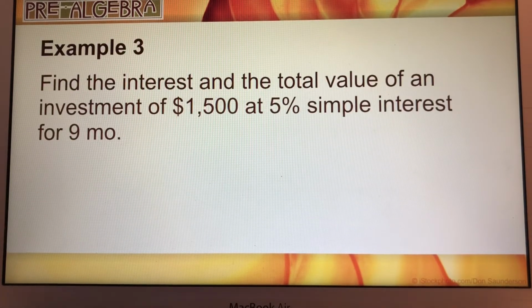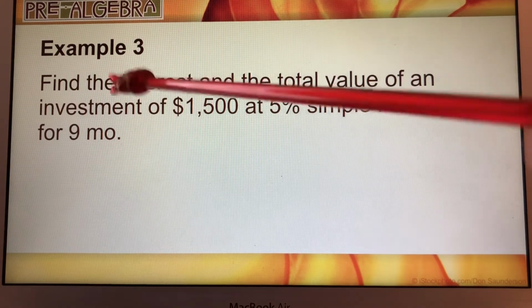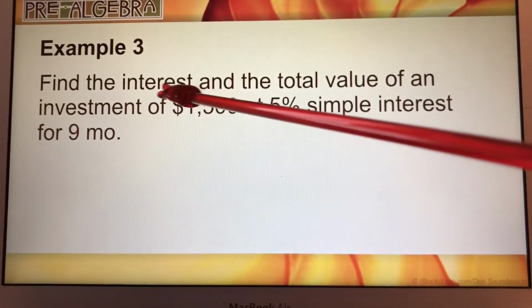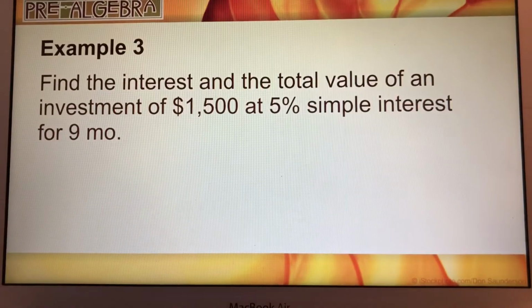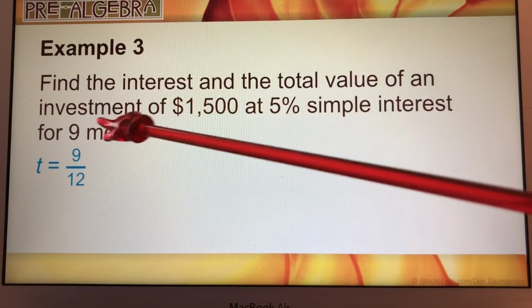So let's take, for example, here, find the interest and the total value of an investment of $1,500 at 5% simple interest for 9 months. So it says find the interest. Okay, so which formula are we going to use? Yes, our interest formula. Now first we take a look.